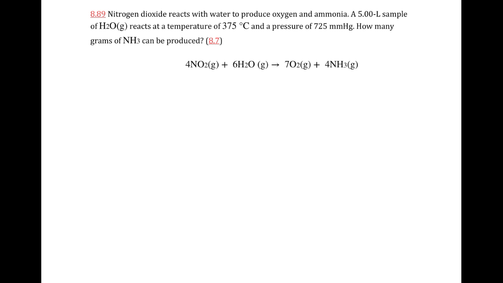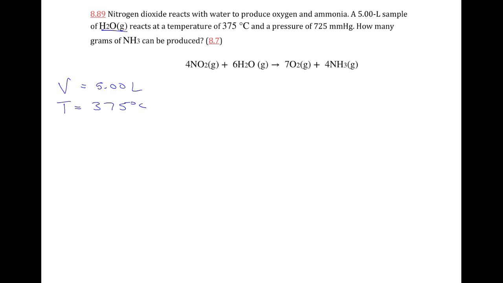So let's write down what we know, and everything that we know is about water. The volume of water is going to be 5 liters. So it's actually steam if it's water and it's a gas. Anyhow, the temperature is 375 degrees Celsius.